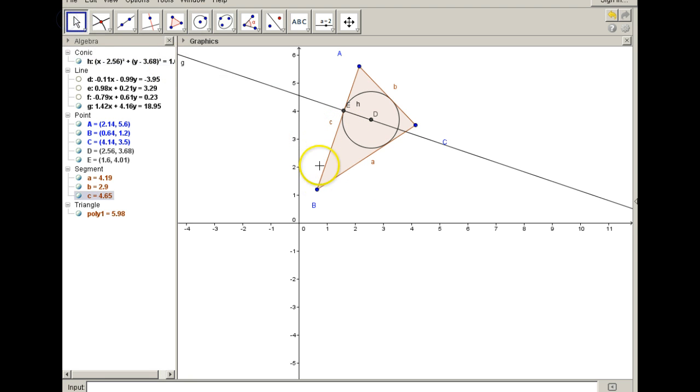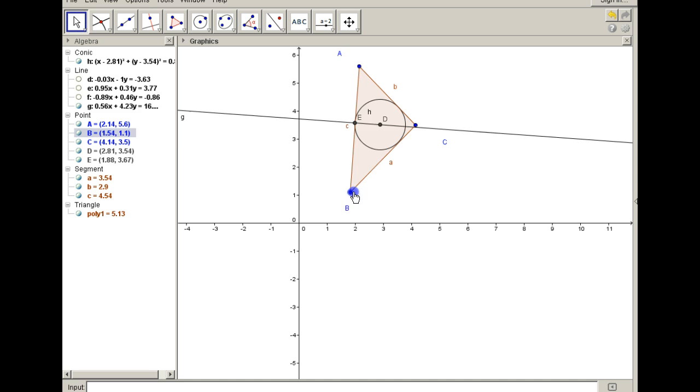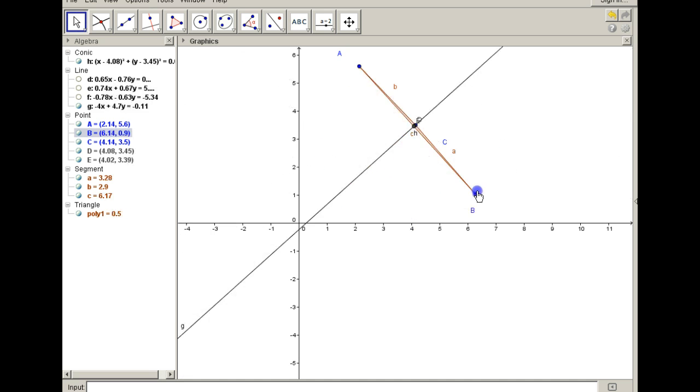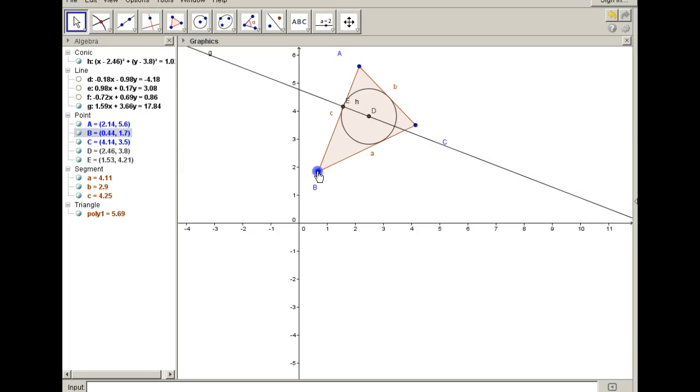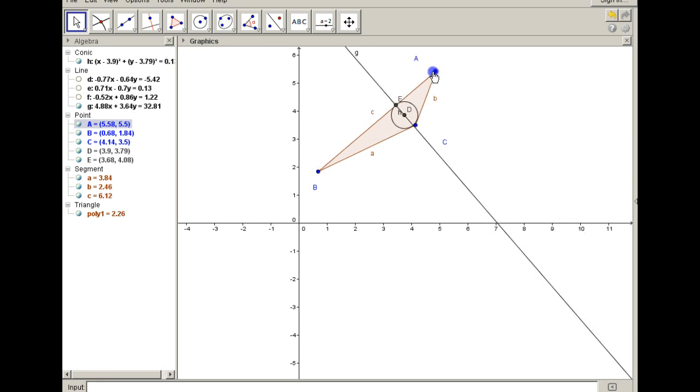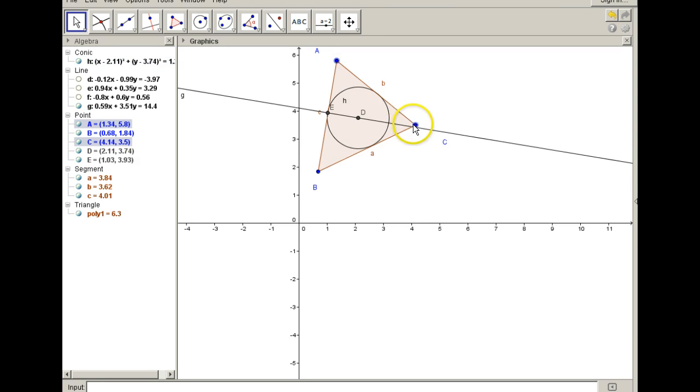Now what's interesting to see about this is that it'll work for any triangle. It doesn't matter how I modify the triangle, how big or small I get it, because we found the incenter by bisecting the angles.